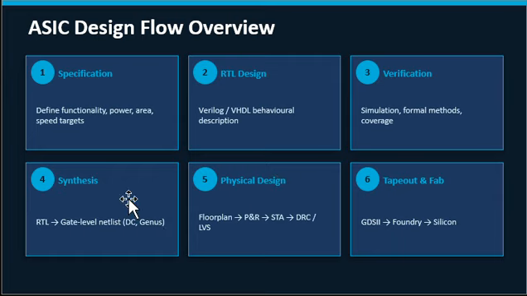Once we get the gate level netlist, we do the physical design, in which we first do the floor planning, in which we define the die, core, and the power layout. Then we have the placement, in which we place the standard cells like our AND gates, OR gates, where they are going to be placed. And then we have routing, in which we connect all nets using metal layers.